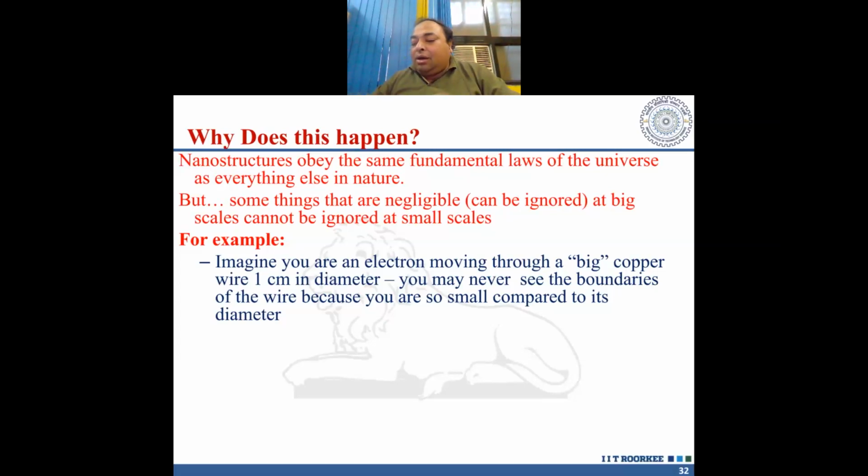In the big road, you have much less chance of colliding with others. In the narrow road, your chance of colliding with others increases, so your property changes. Coming back to, forget about that story. Now imagine you are an electron moving through a big copper wire 1 centimeter in diameter.